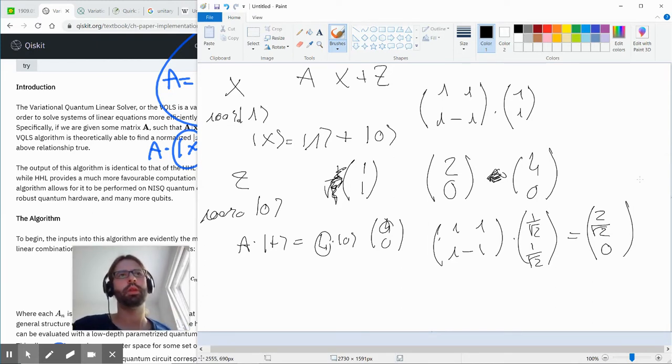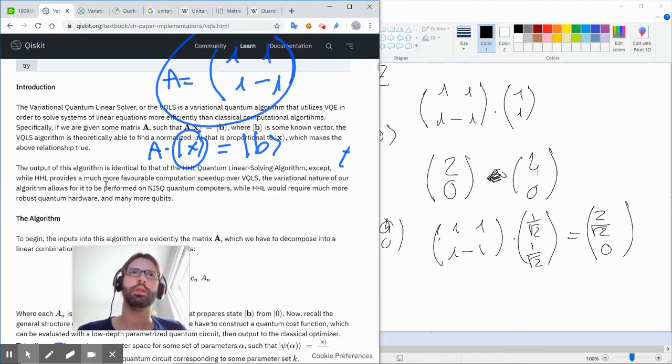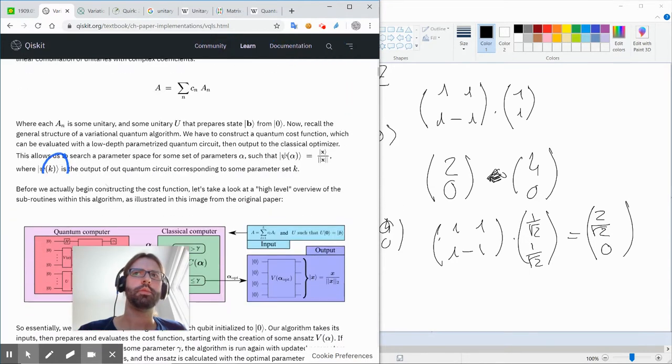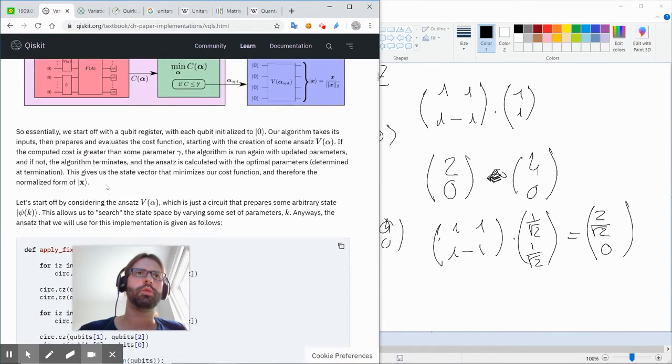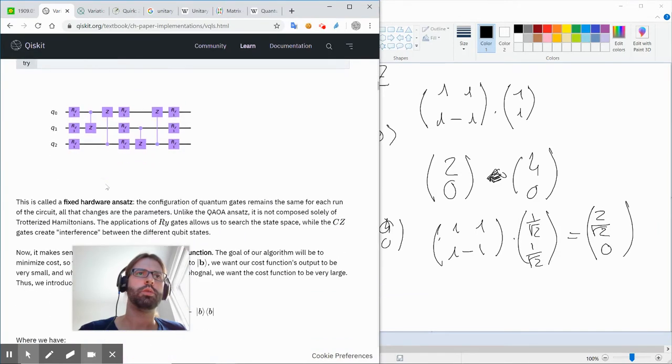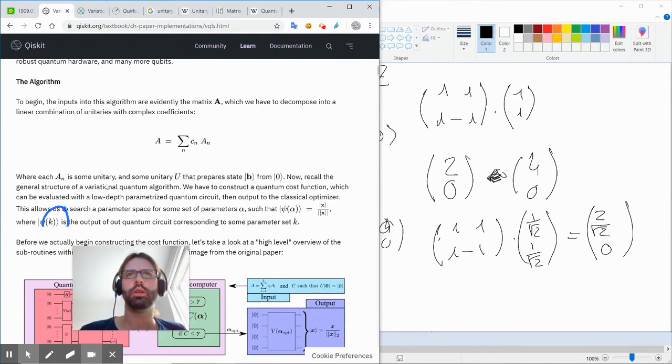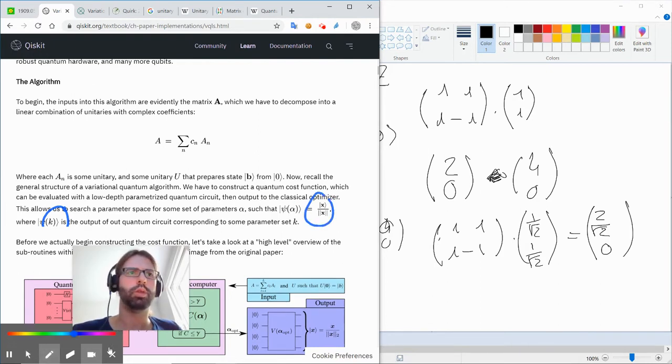And in theory, this is equal to these, correct?